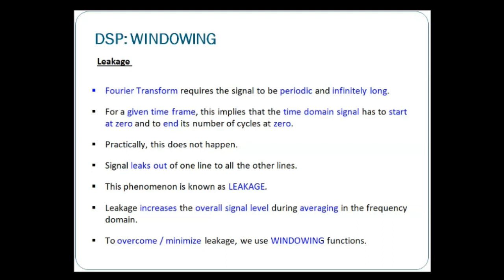Remember, Fourier transforms require the signal to be periodic and infinitely long, infinitely continuous. But the discrete Fourier transform or fast Fourier transform deals with discrete signals, so you have a finite length.